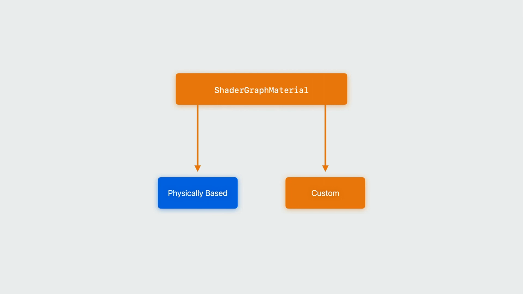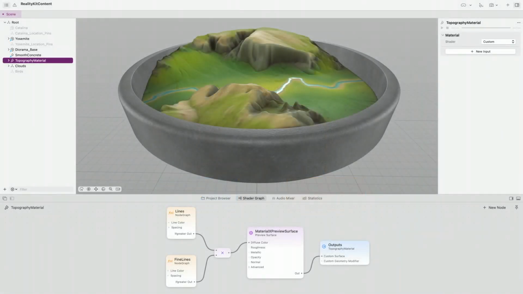Custom shaders can incorporate animation, adjust your object's geometry, and create special effects on the surface of your object, like a sparkly paint look. You can build ShaderGraph materials using the ShaderGraph editor right inside Reality Composer Pro. Take a look at the ShaderGraph nodes below that instantaneously define the look of the terrain in the viewport.